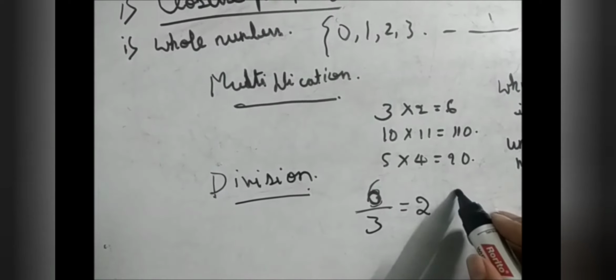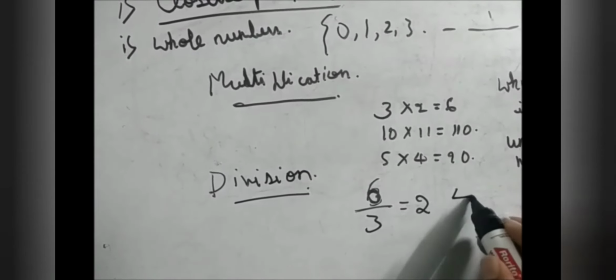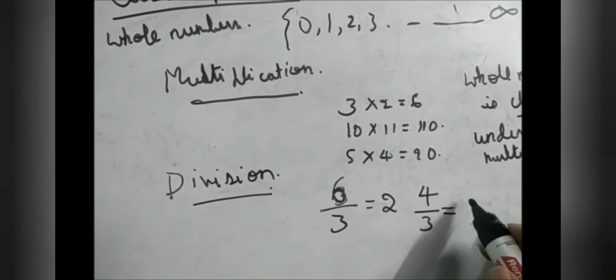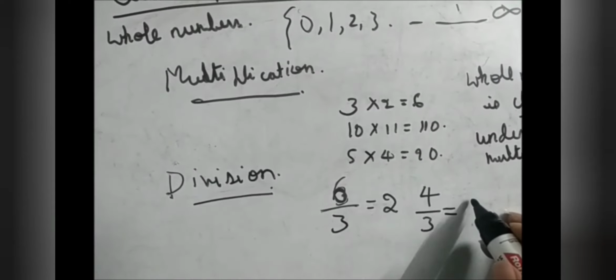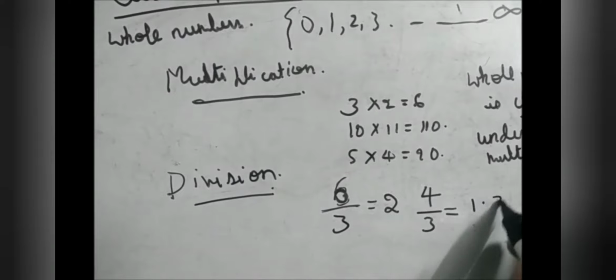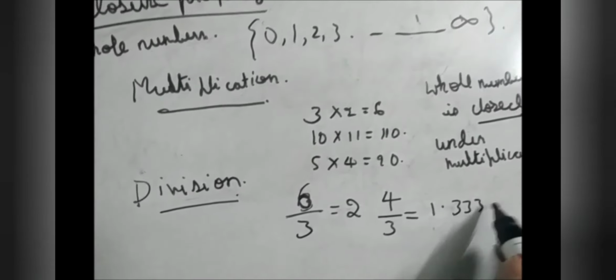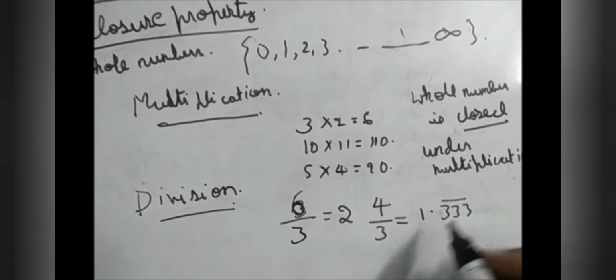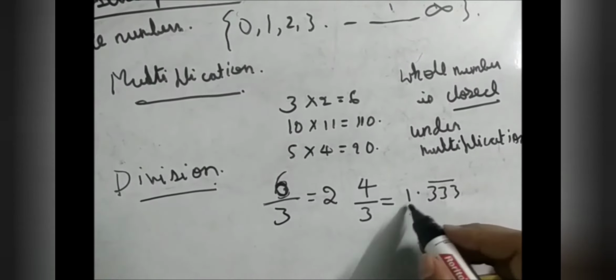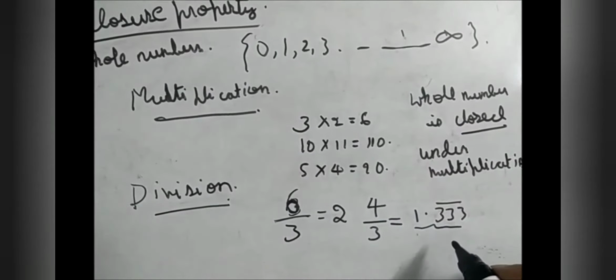Then if we take 4 divided by 3, which is equal to 1.333 and so on, we represent this with a symbol for recurring digits, but this is not present in the set of whole numbers.